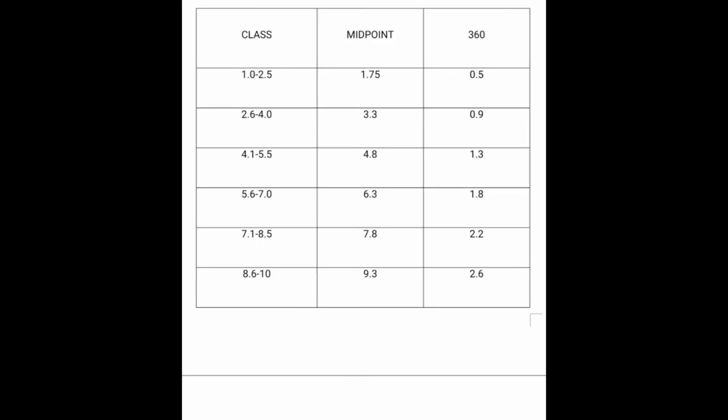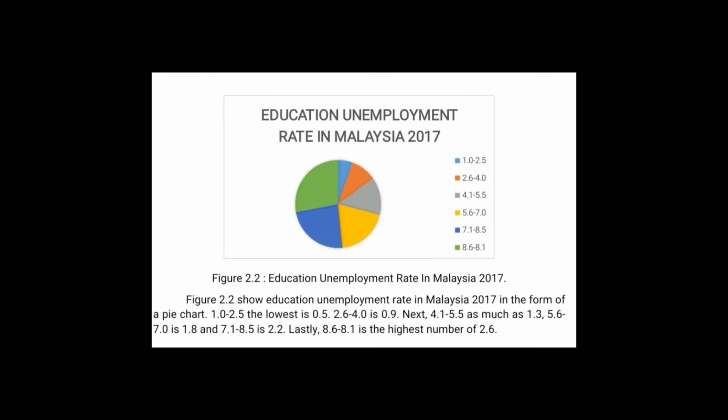Next, pie chart. Table 2.2 education unemployment rate in Malaysia 2017. Figure 2.2 shows the education unemployment rate in Malaysia 2017 in the form of a pie chart. Class 1.0 to 2.5, the lowest, is 0.5. Class 2.6 to 4.0 is 0.9.